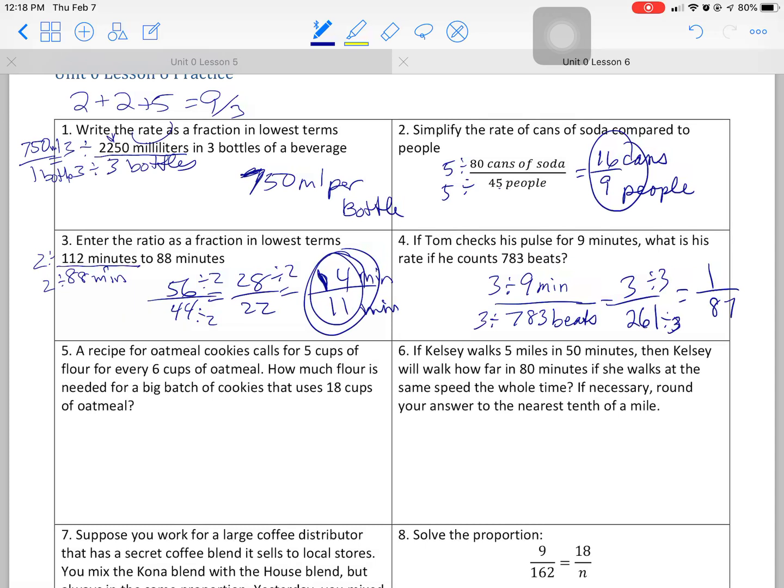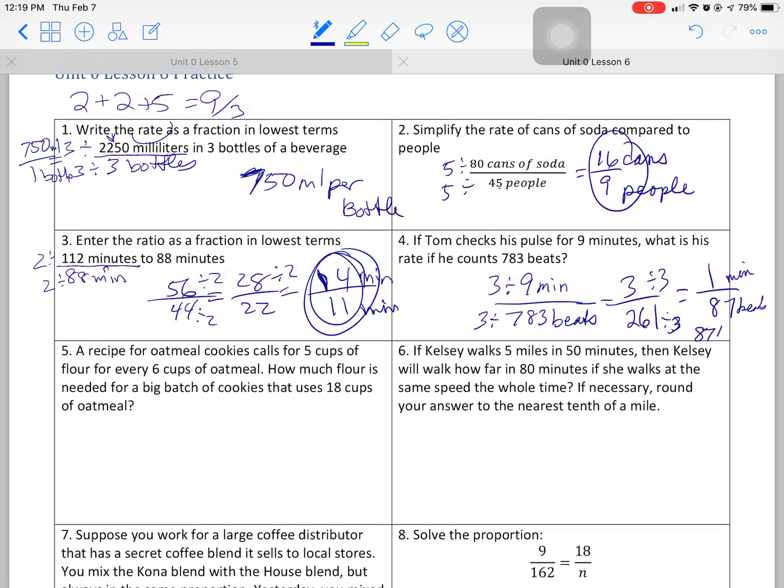Checks his pulse for 9 minutes. What is his rate if he counts? So that would be minutes. So this looks a little funny to put it this way. In 1 minute, he beats 87 beats. So that's acceptable. It sounds a little funny.